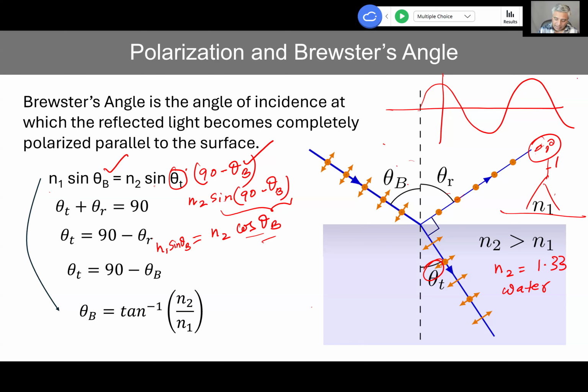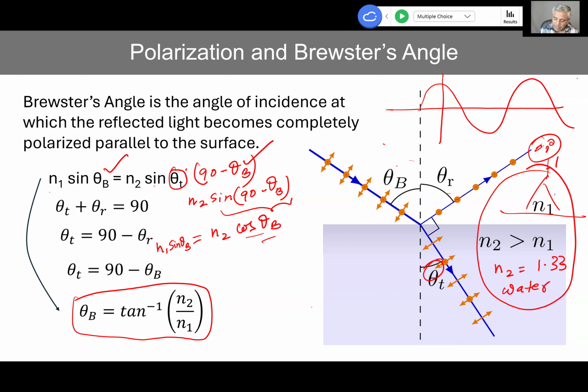To calculate that angle, we can use the formula we just talked about. In this particular case, for the boundary of air and water, the angle is the inverse tangent of n2, which here is water, 1.33, divided by 1, so it does not matter.